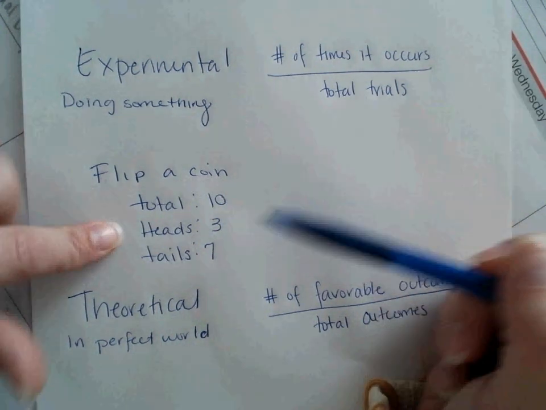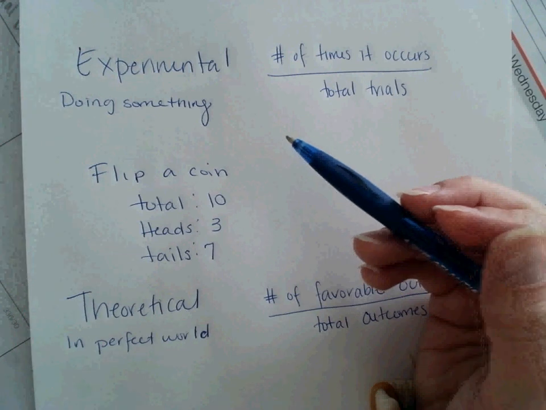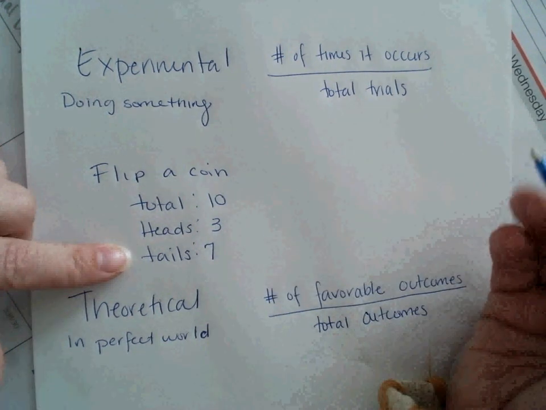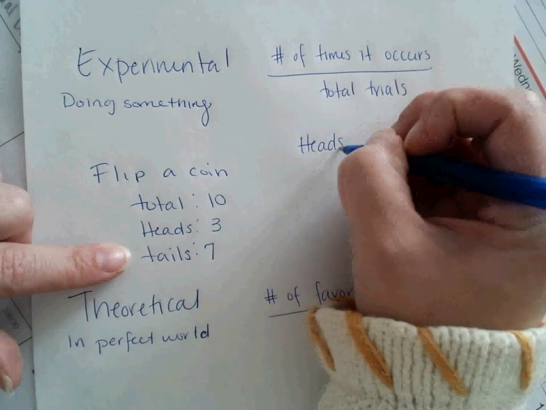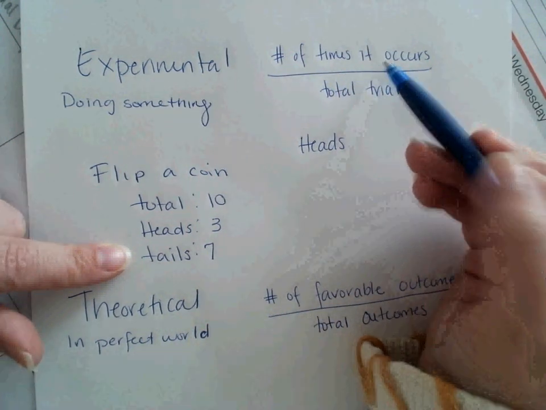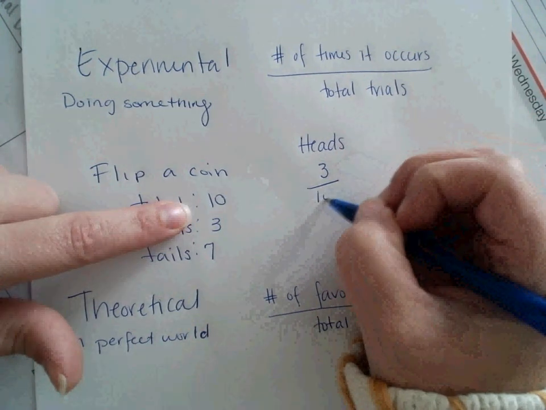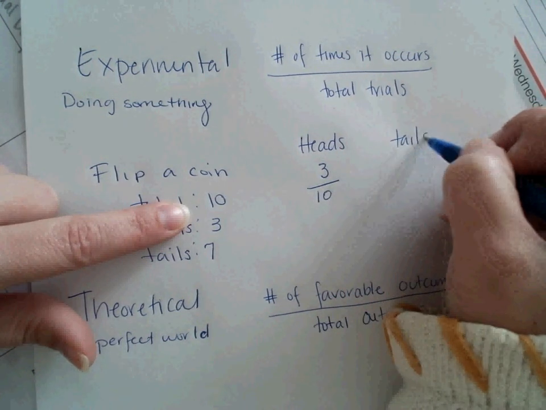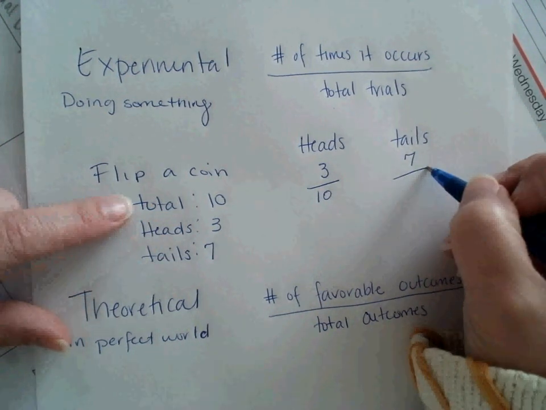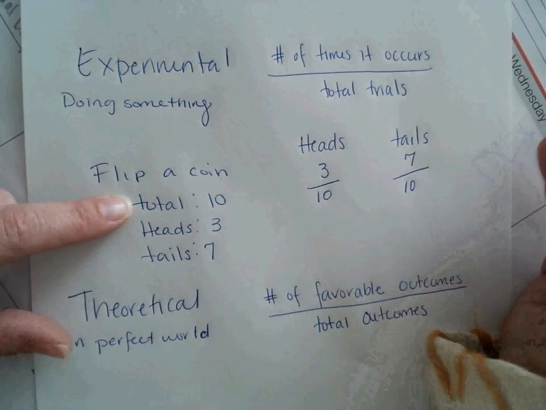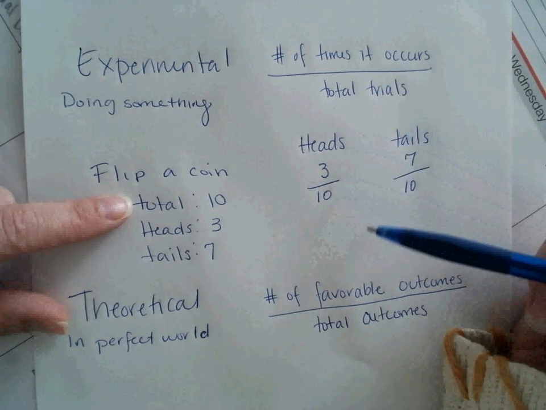So my experimental probability, I've actually taken this coin, I flipped it 10 times, and I've documented my responses. If I wanted to know for heads, I would do the total number of times it occurred, which is 3, over the total trials, which is 10. If I wanted tails, the total times it occurs, which is 7, over the total number, which was 10. So this would be what occurred.